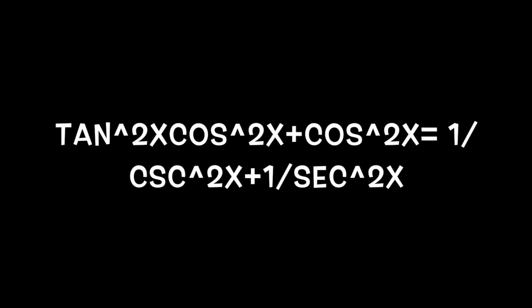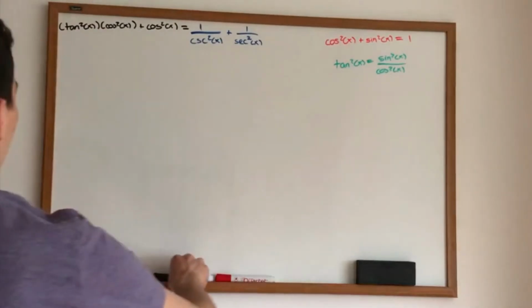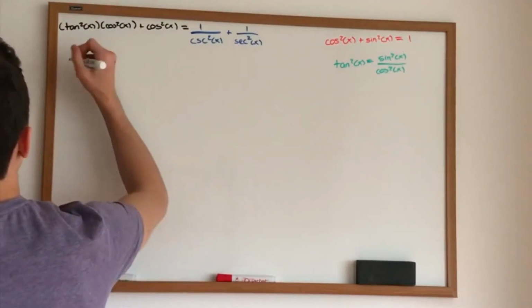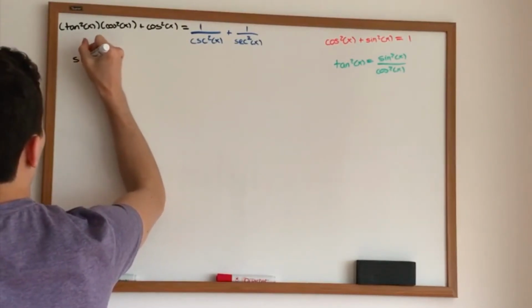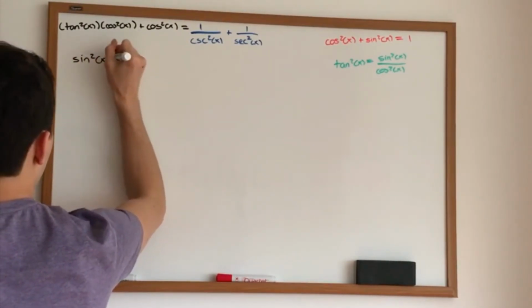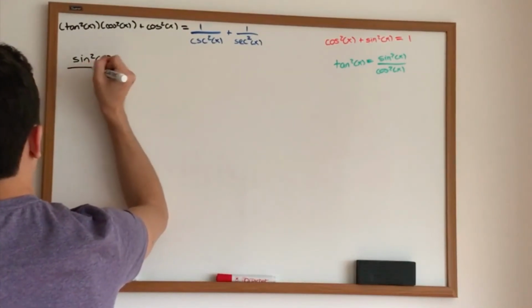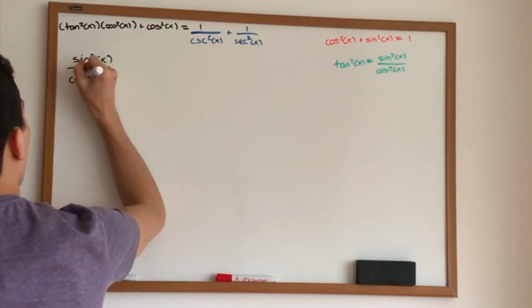Identity number 28. Initially you have tangent square of x times cosine square of x plus cosine square of x equals to 1 over cosecant square of x plus 1 over secant square of x. What we need to do first is convert the tangent square of x by using quotient identities. This would turn into sine square of x over cosine square of x.